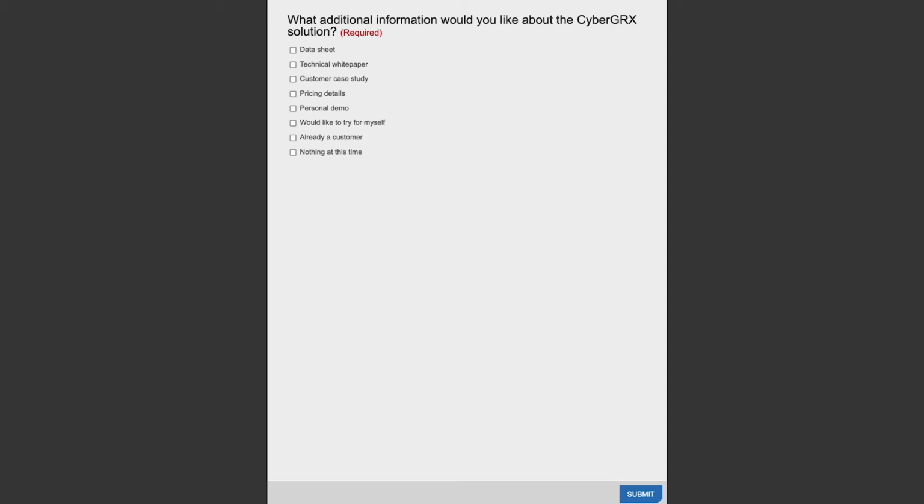With a SOC 2, I'm not going to look so much at the service description of it. I'm going to go straight to the testing matrices. I want to see what the auditor saw. I want to see what the auditor found. I'm going to look at any manager comments if there are qualified findings within that SOC. With the ISO, I'd like to see a statement of applicability.